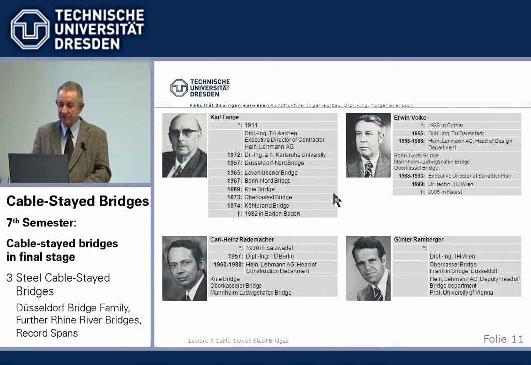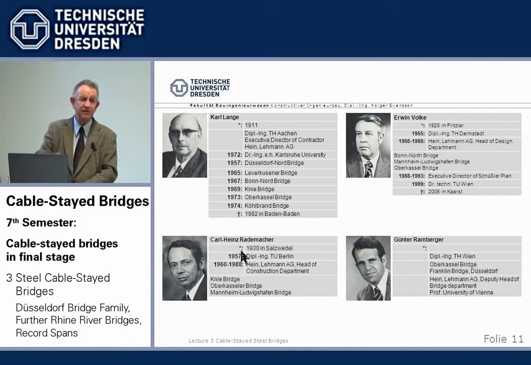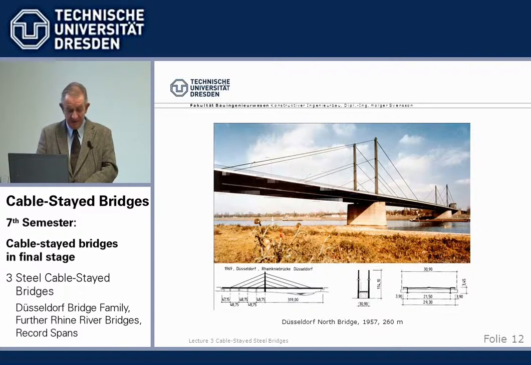I've known these two personally quite well. Outstanding engineers who produced also outstanding publications, and I quote from Volker Rademacher in the scripts quite a bit, especially from construction engineering. Okay, that was basically the Düsseldorf bridge family, the background.